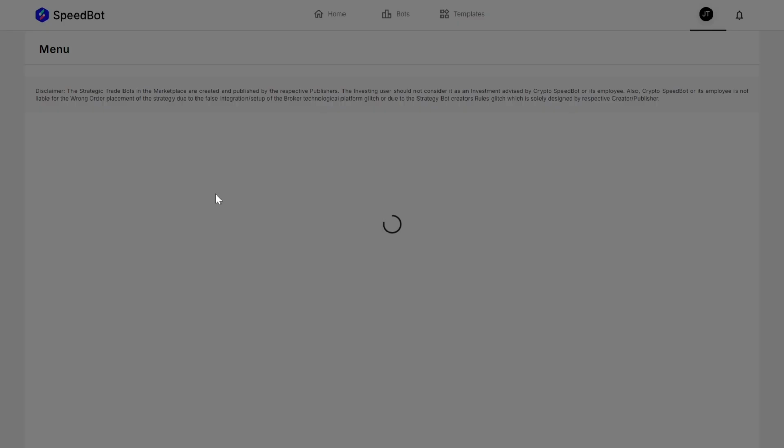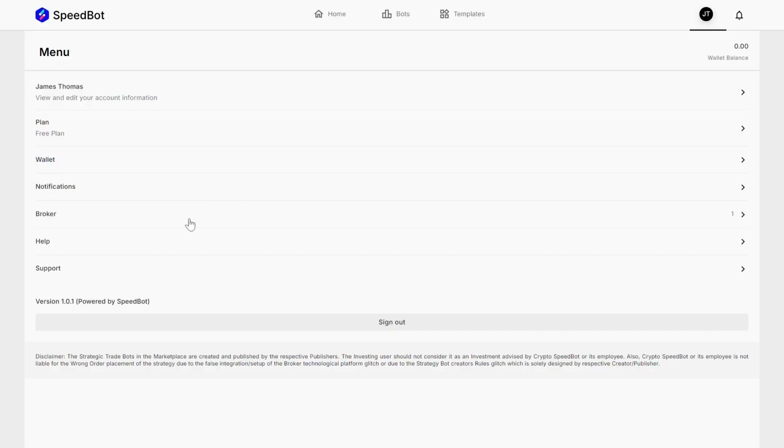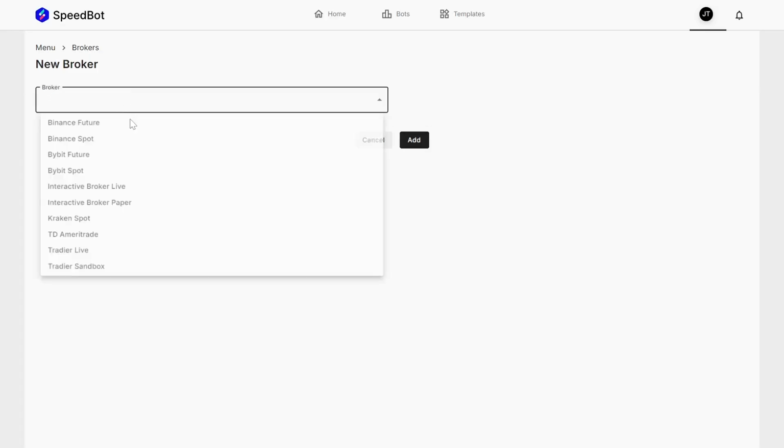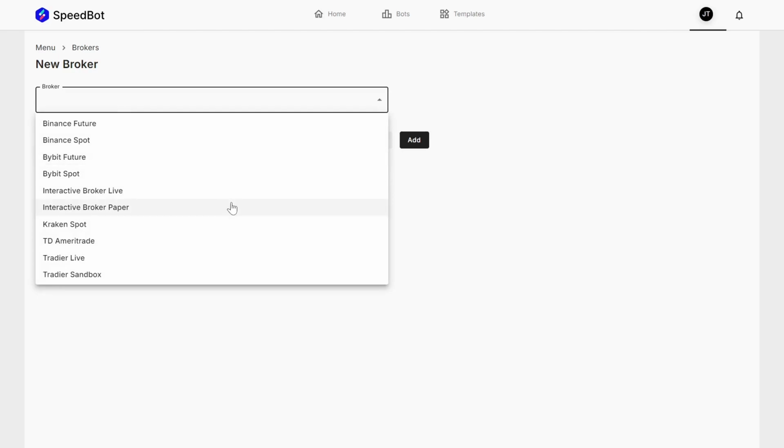And let's talk about the brokers that we currently have. So if you move over here, brokers, you add. So these are the brokers that we currently have for the US segment and for the crypto segment. If you're trading in crypto, then that is also something that we support. So Interactive is live with us.